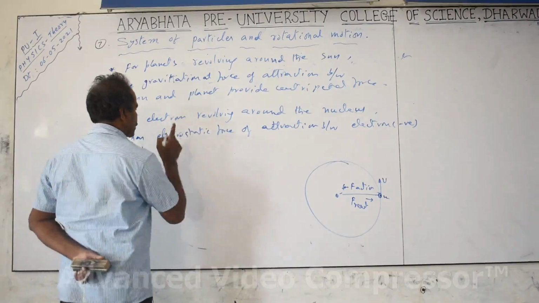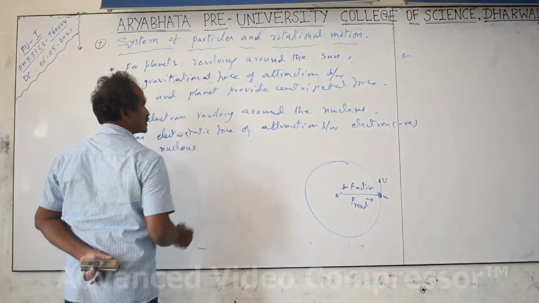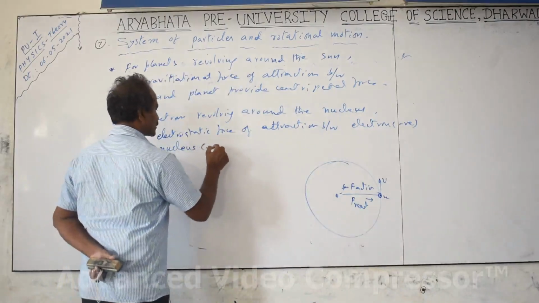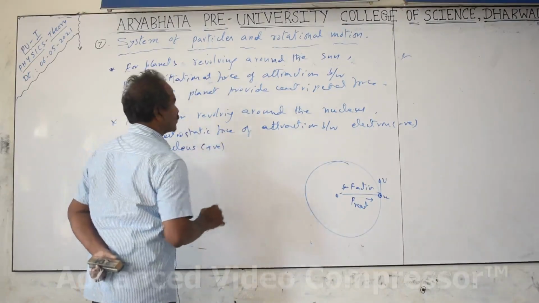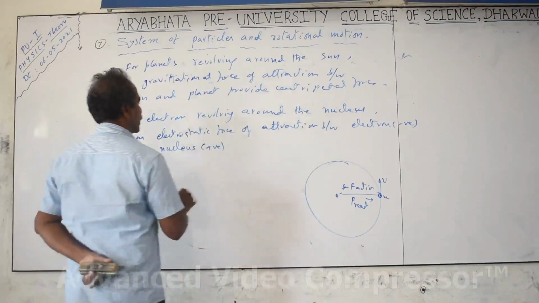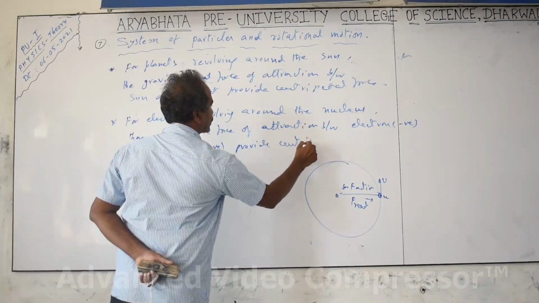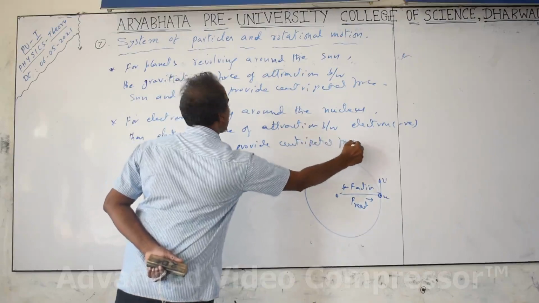Neutrons don't have a charge. We talk about protons. Electrons are negative and the nucleus is positive. The electrostatic force of attraction between the electron and the nucleus provides the centripetal force.